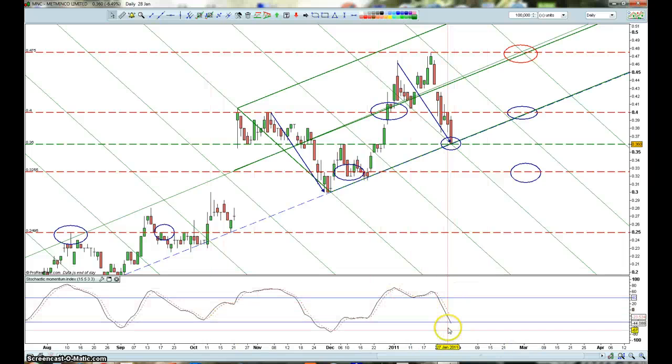The stochastics are actually coming down, and this is why I say we're probably looking at a trading opportunity coming up. The stochastics are starting to get down into the oversold section of the chart here.